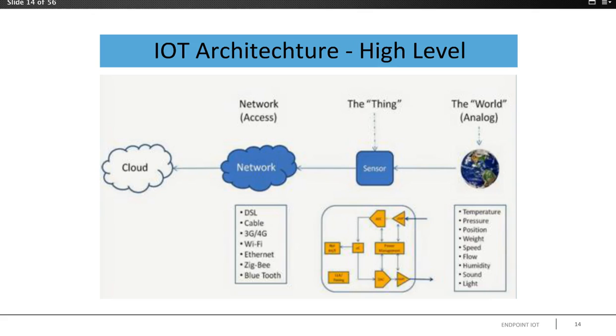So let's just dive right into what an IoT architecture typically looks like. And from this slide, look from the right to the left. On the right-hand side, we have the world as we know it. Could be inside, outside, and we're going to have these things that are inside the world: temperature gauges, pressure gauges, speed changes if you're inside a moving vehicle.